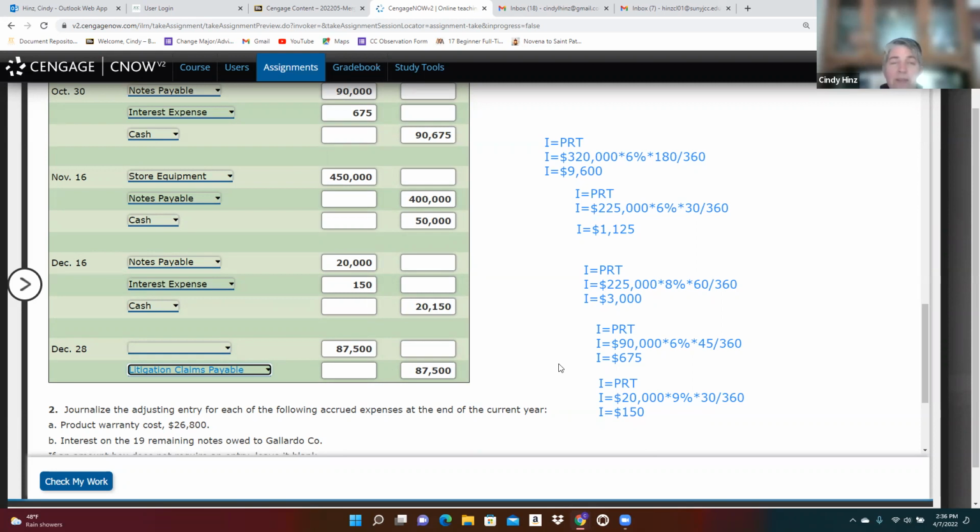And if we determine that it's likely that we will not be successful, that we will lose that lawsuit, we are required then to estimate how much our risk or exposure or potential liability is and report that in the appropriate financial statements in that same time period. And we'll report that as a loss. This loss, the debit part, shows up on our income statement and reduces our income in this period. And the credit part shows up on our balance sheet as a liability.